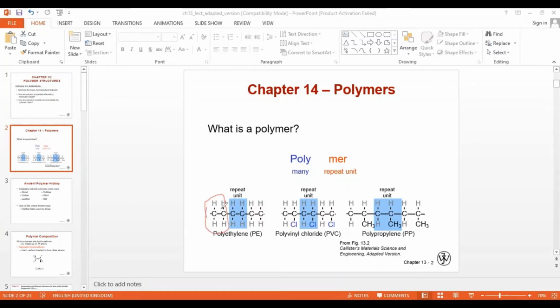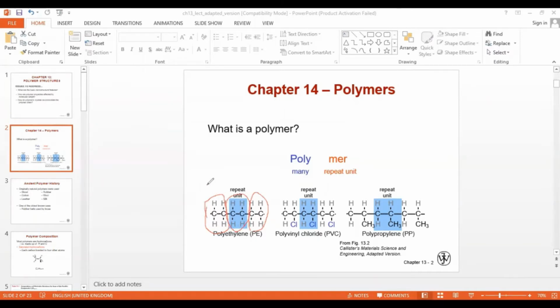Here also you have C2 and H4, that's 2C and 4H. Here also, and here also, 2C and 4H. So this 2C and 4H is the repeating unit.